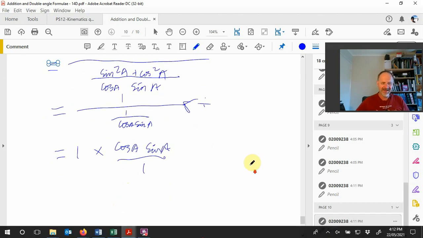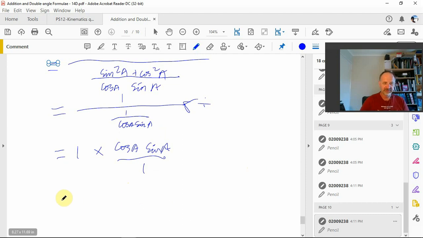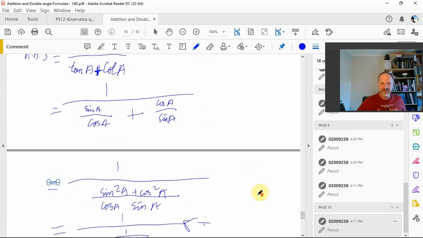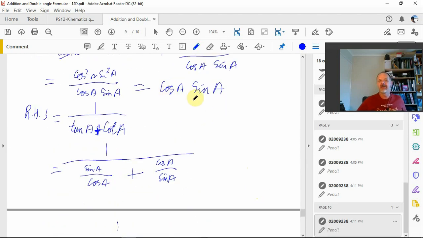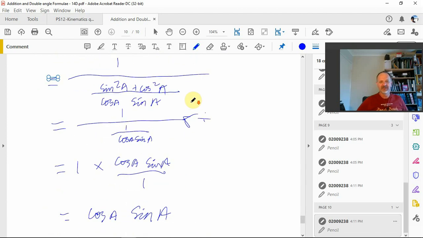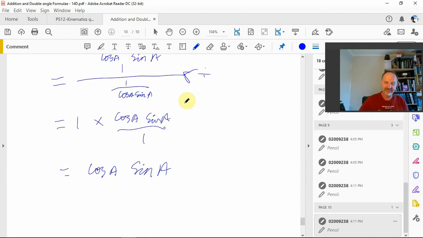And so we get cos A sine A, and then we compare that to what we got up here, and we got the same thing up here. So that is therefore equal to the left-hand side. QED.